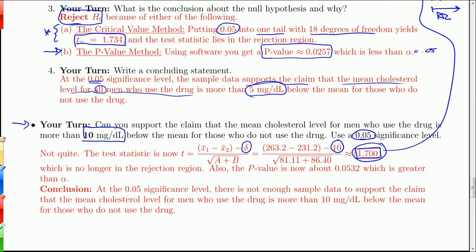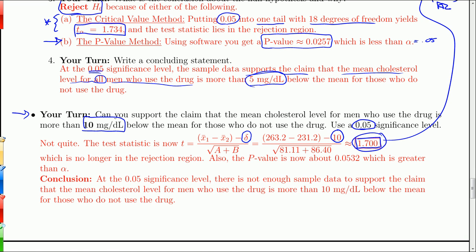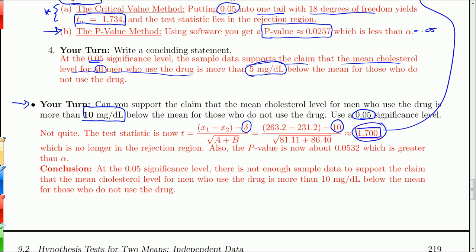And if we fail to reject the null hypothesis, we can't support our claim. So, at the 0.05 significance level, there is not enough sample data to support the claim that the mean cholesterol level for men who use the drug is more than 10 milligrams per deciliter below the mean for those who do not use the drug.